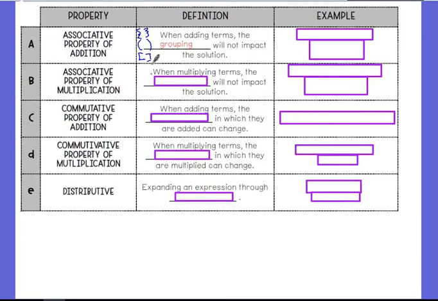Any kind of grouping symbols, those will not affect it as long as straight addition is being used. So an example you can write down is (3 plus 4) plus 1 is the same thing as 3 plus (4 plus 1). These parentheses don't matter because straight addition has been used.